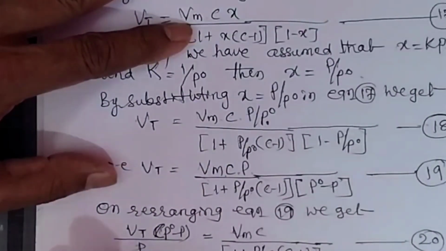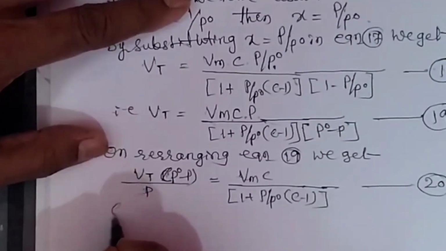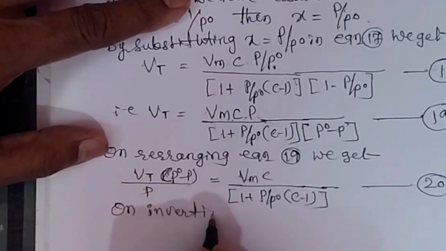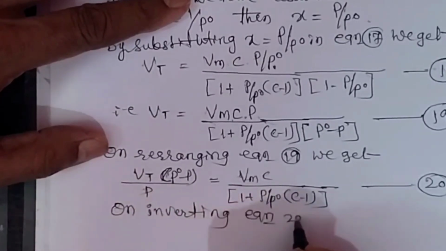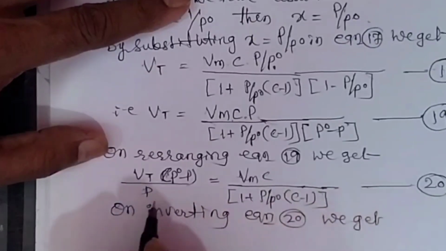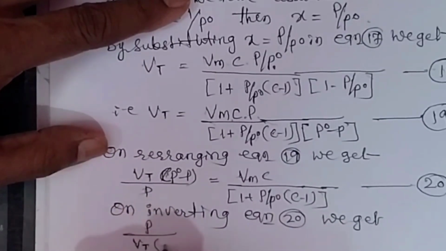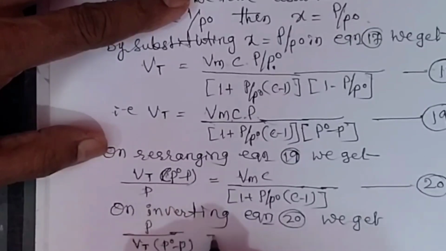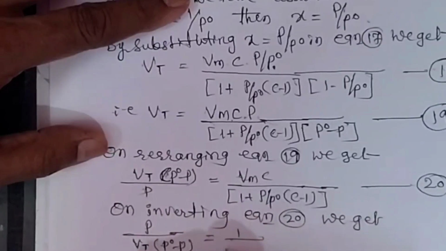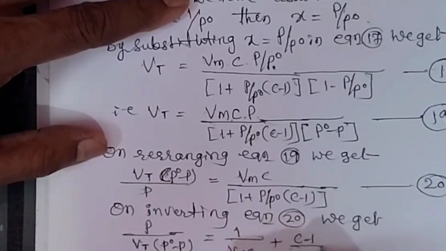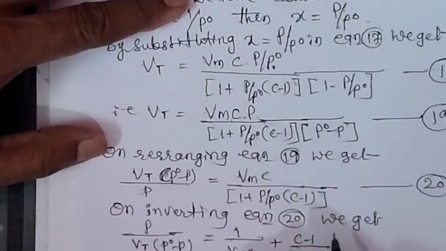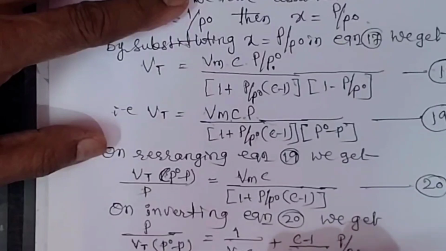On inverting equation 20, we get P divided by Vt into P naught minus P is equal to 1 divided by Vm C, one term, plus C minus 1 divided by Vm C into this becomes numerator, that is P divided by P naught.